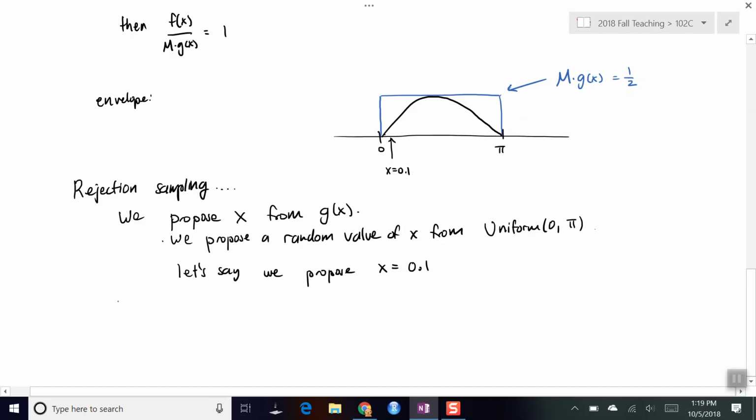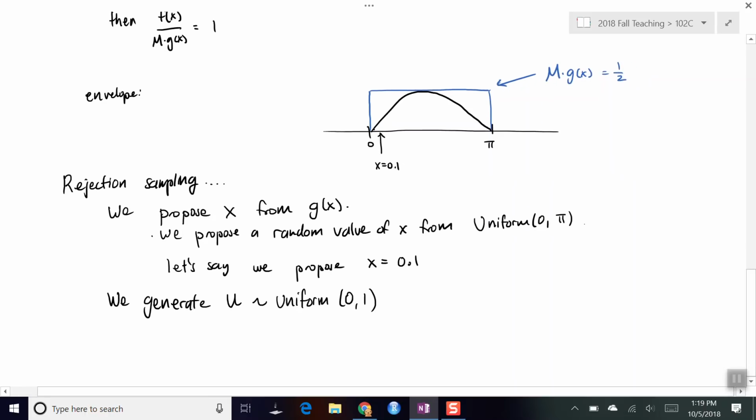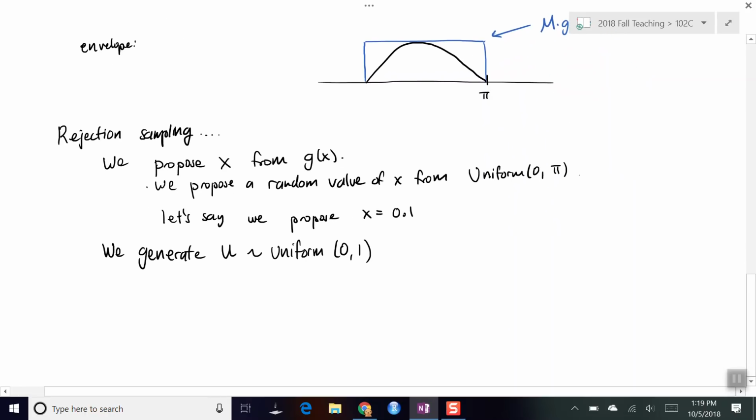Then we generate u from uniform 0 to 1. So u from 0 to 1 will just be a number, a percentage, between 0 and 1.